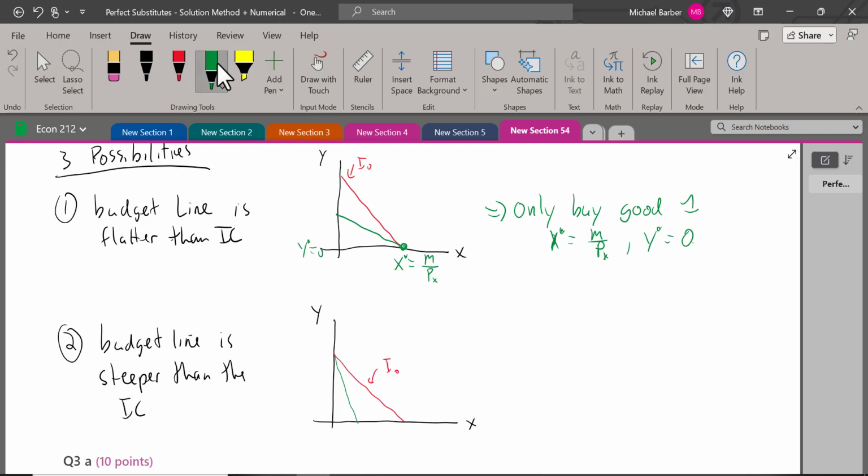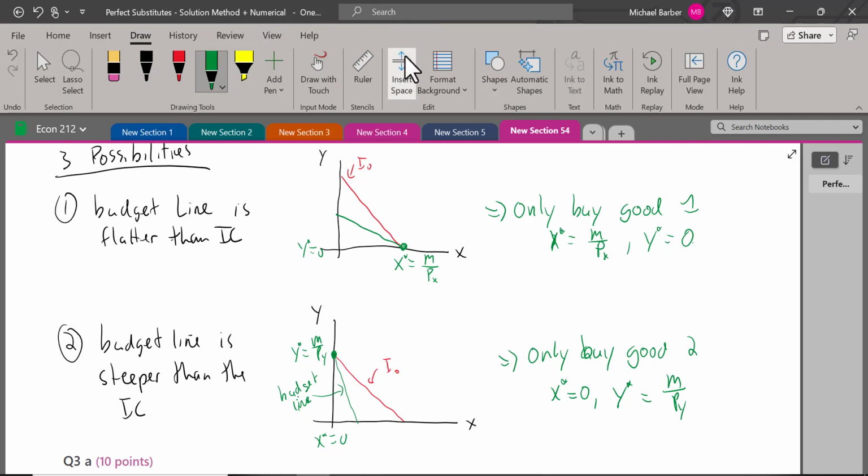I0, and this is our budget line. My writing's just as bad on this as it is in class. So we see here, if the budget line is steeper than the indifference curve, the highest indifference curve we can get on is if we spend all of our money on good Y. And we're going to buy no good X. So if this is the case, we're only going to buy good 2. X star is going to be equal to 0, and Y star is going to be equal to M over Py.